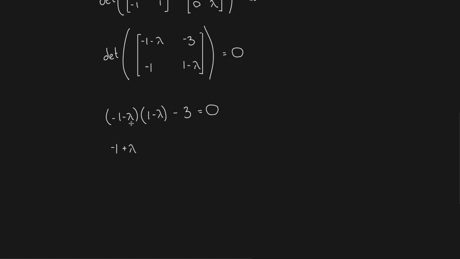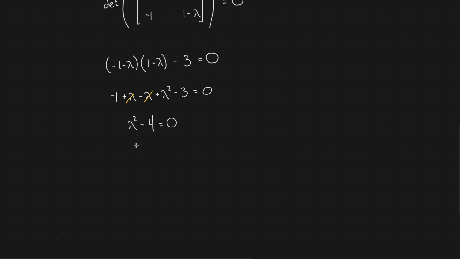Plus lambda minus lambda plus lambda squared minus 3 equals 0. Okay, so that means I get lambda squared minus 4 equals 0 once I combine all like terms, once I cancel these guys out. Now there's a couple ways to solve an equation like this. I'll do it both ways.